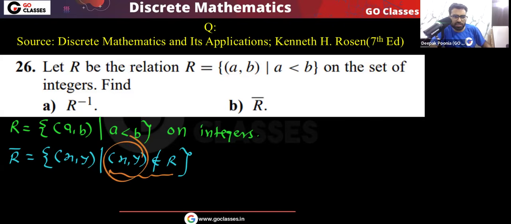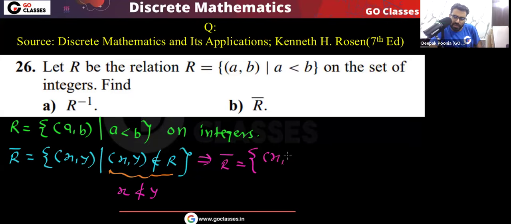So (x, y) will not belong to R if the first element is not less than the second element. Yes or no? Do you agree? Okay. So R complement will be (x, y) such that x is not less than y.